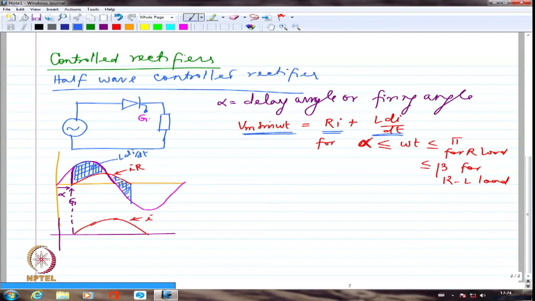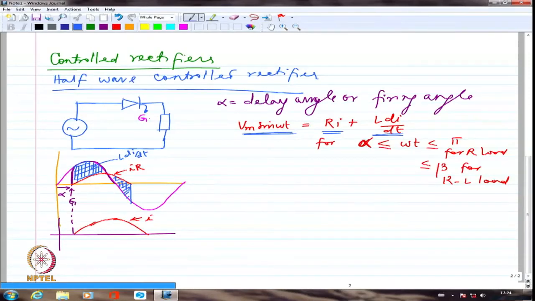You get my point, because Vm sin omega t is smaller than IR. So IR minus Vm sin omega t becomes minus VL now, because of which I get this as the negative inductance voltage, or I can say di by dt is becoming negative. So the current is falling during this portion. L di by dt is negative because the inductance is now trying to give back its energy.